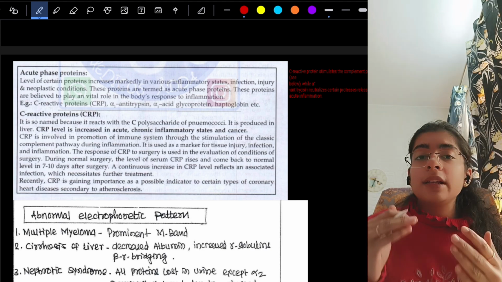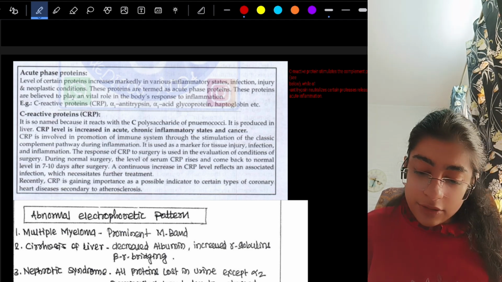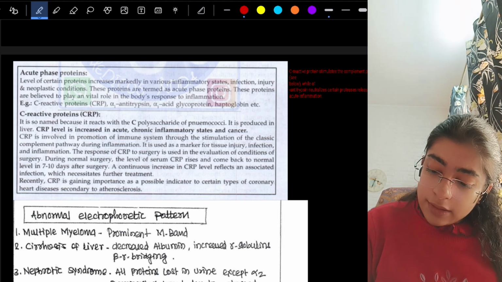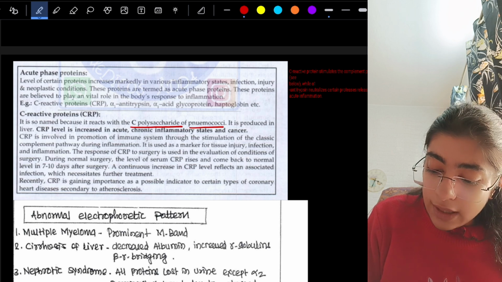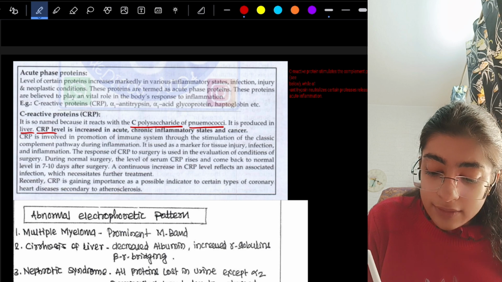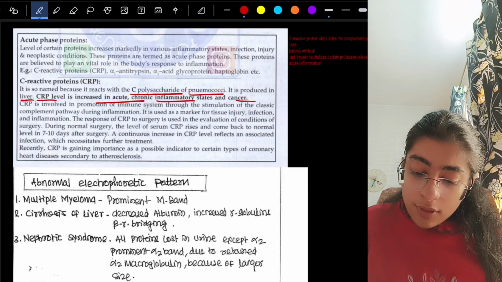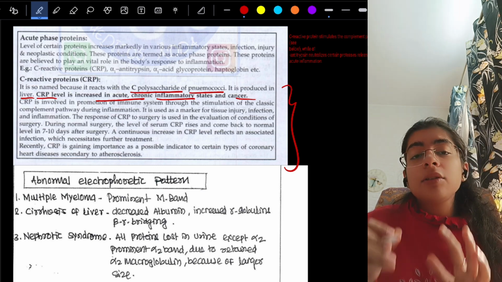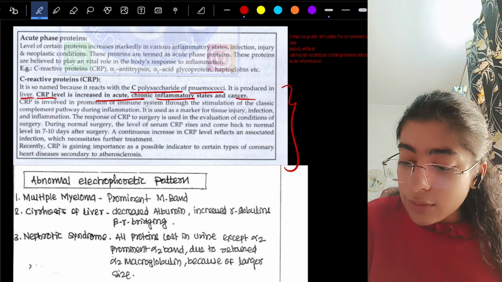The levels of these proteins are basically raised in inflammatory conditions. It is named so because of the C polysaccharide of pneumococci. It is produced in the liver. CRP level is increased in acute and chronic inflammatory states and cancer. The things which I'm leaving, you need to read by yourself, because this is just a structure, I'm sharing it with you.